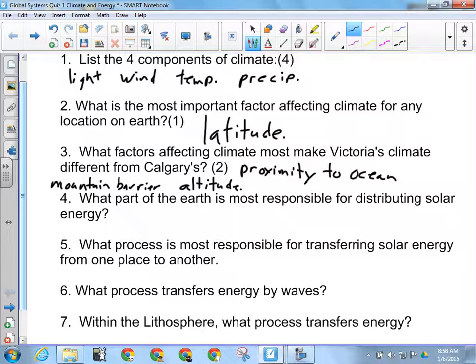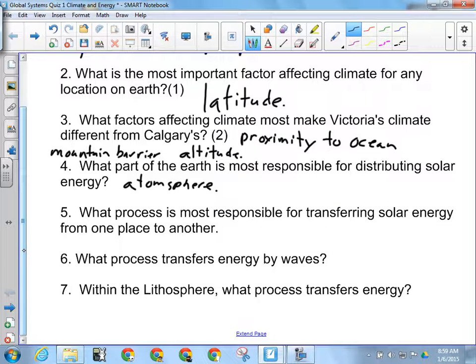All right. What part of the Earth is most responsible for distributing solar energy? Said that about 5 or 6 times yesterday. Of the 3 spheres, the most important sphere is the atmosphere. What process is most responsible for transferring solar energy from one place to another? We learned about 3 processes: conduction, convection, and radiation.